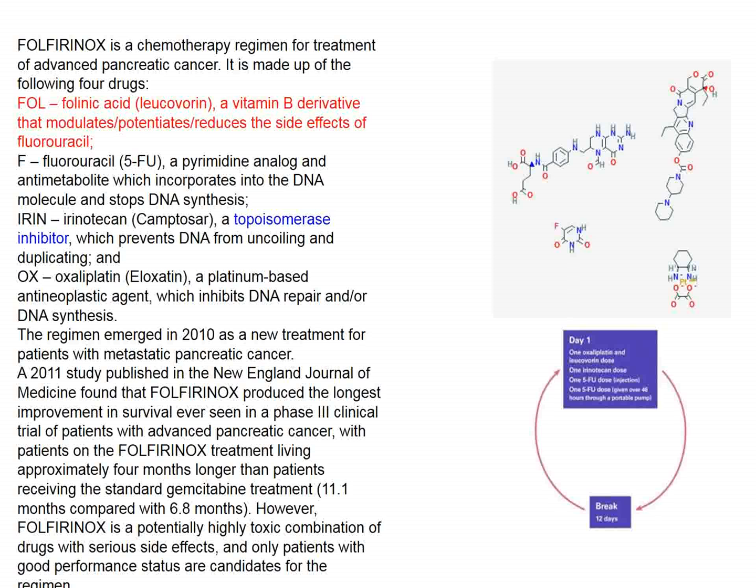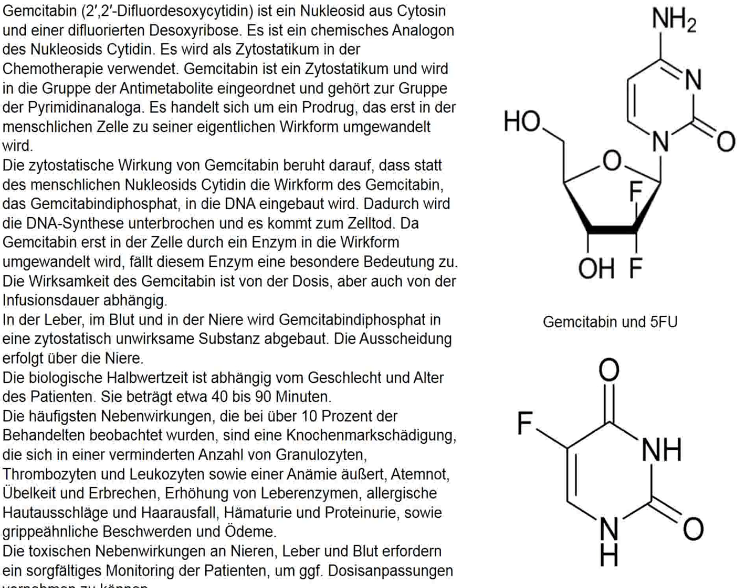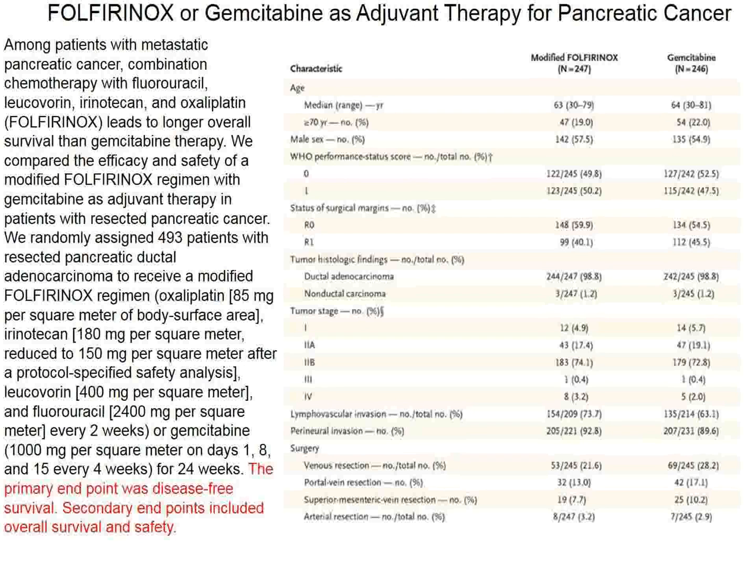And this combination of 4 agents was compared to gemcitabine, which has similarity to 5-FU, as you can see from these graphic displays. And I would think that a 4-drug regimen can probably beat gemcitabine. This strategy was tried in almost 500 patients with pancreatic cancer.